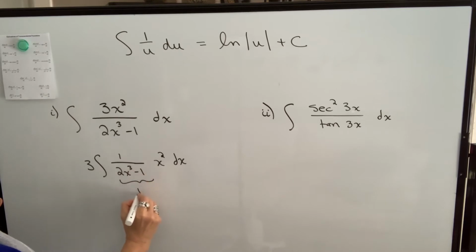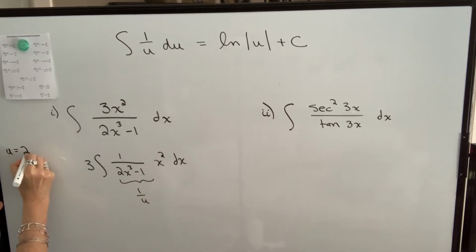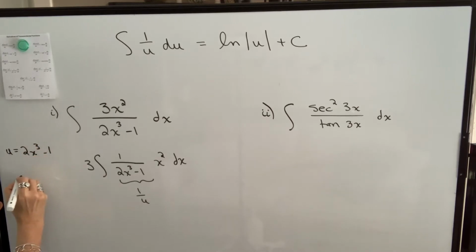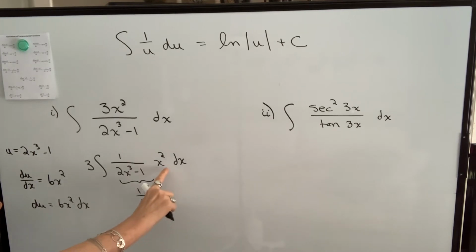So I'm identifying this as 1 over u. Therefore, u is 2x cubed minus 1, and du dx will be 6x squared. So the du factor will be 6x squared dx. Do we have the du factor? Well, we have the most important part of it. We have the x squared.